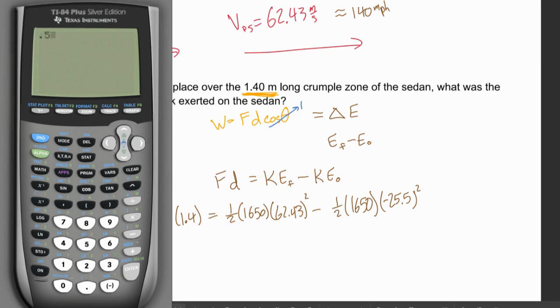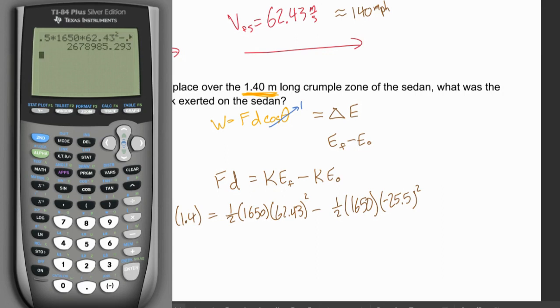We get 1/2 times m times v final squared, 62.43 squared, minus 1/2 times mass, 1650, times v squared, that's negative 25.5 squared. Note, I didn't really need to type that negative sign, because the squared is just going to take away the negative.